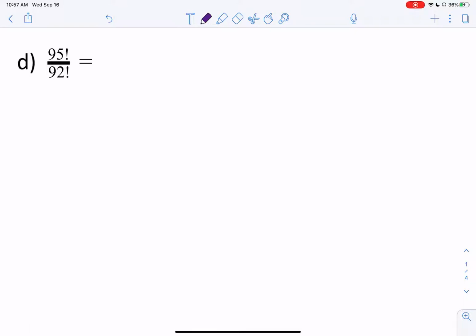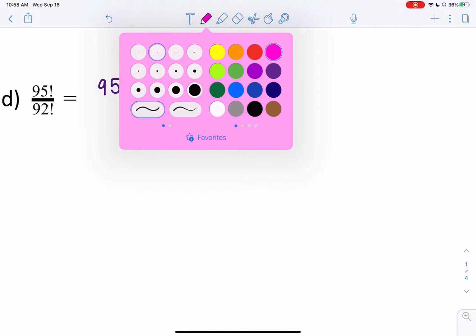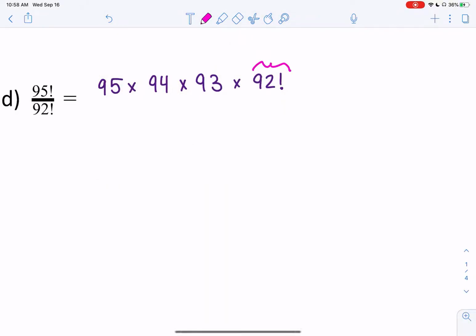So how I write this is I'm going to write 95 times 94 times 93 times 92 factorial. So this 92 factorial represents 92 times 91 times 90, if I kept going on forever and ever. That part sums up all of that stuff for us.